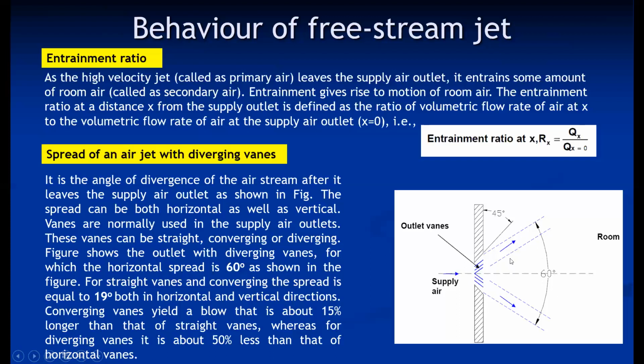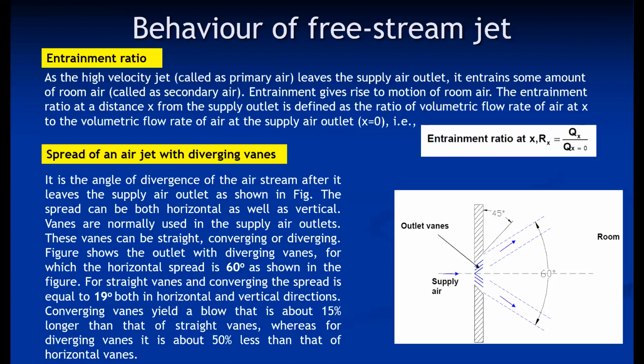The spread can be both horizontal as well as vertical. If this is a top view, then it is horizontal. If this is a front view, then it is vertical, depending upon the vanes normally used.